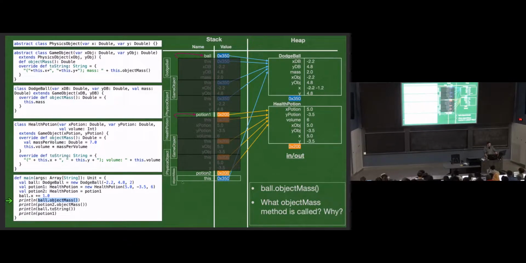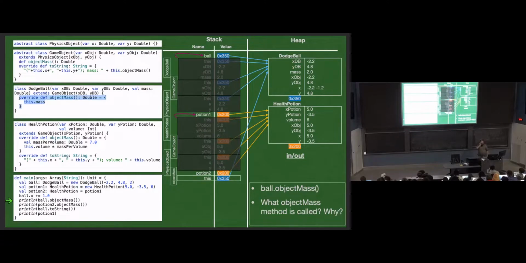So ball.objectMass, we have an object mass, ball dot, it's of type Dodgeball, reference 350. So this is 350, and we're calling Dodgeball object mass. We go into the Dodgeball class, we find a method named object mass. It has the extra override here, but we're not too concerned. We found the method inside the Dodgeball class.